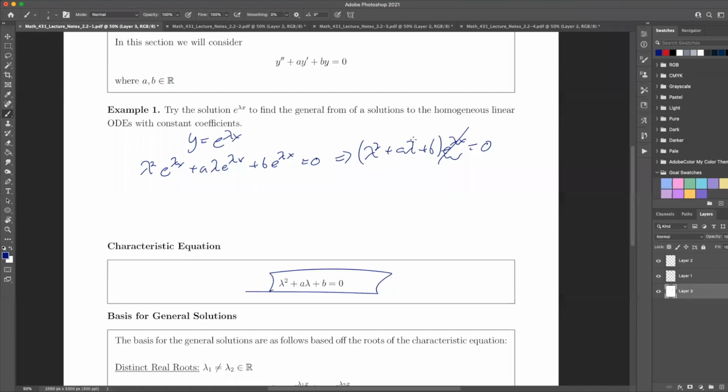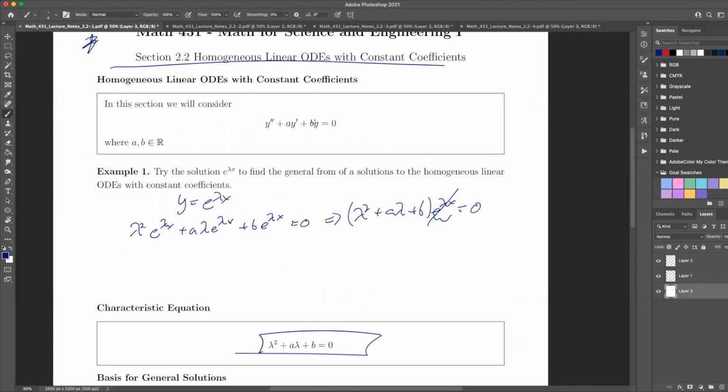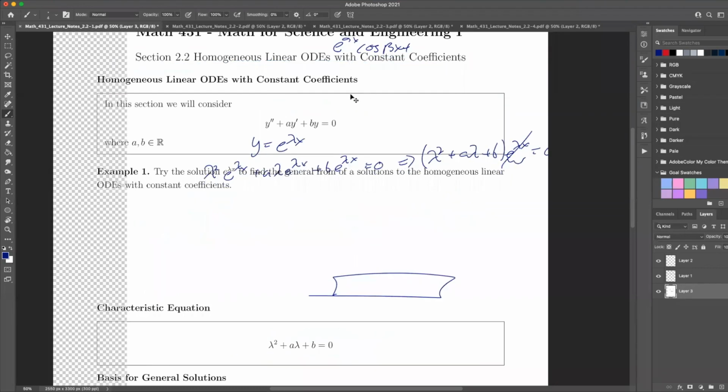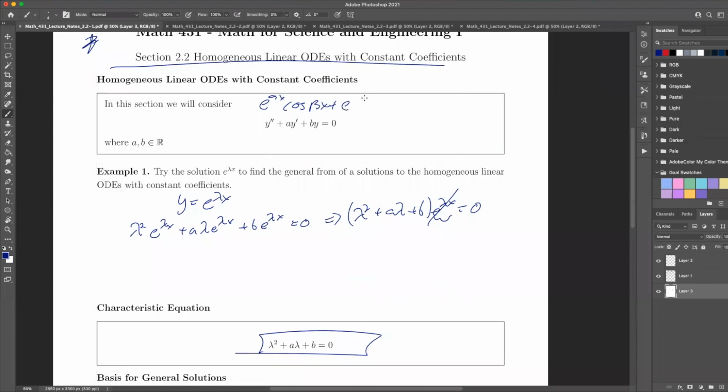Let's pretend I have the solution e to the alpha x cosine beta x plus i e to the alpha x sine beta x, and I know this is a solution.